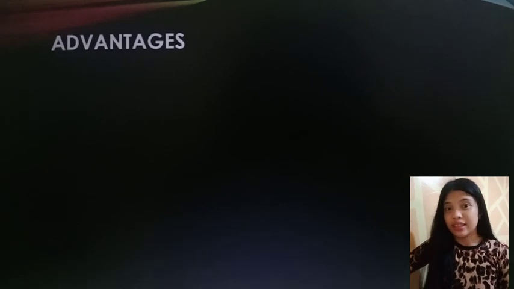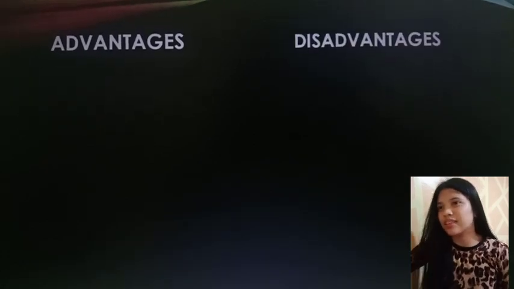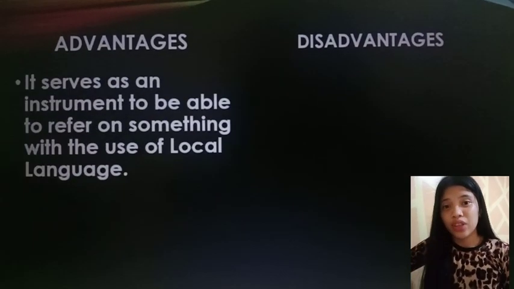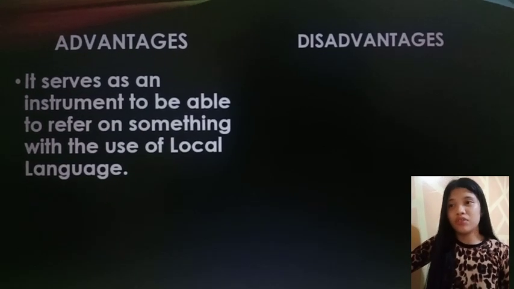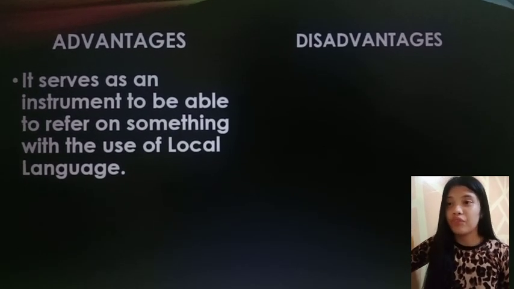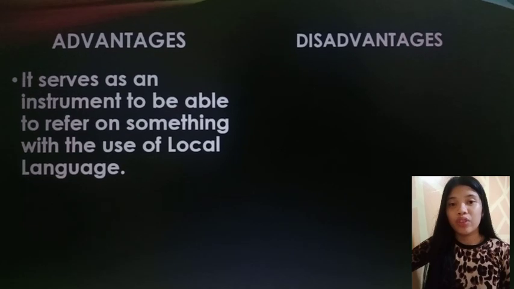So, local communication has its advantages and disadvantages. What are these? The first advantage of local communication is that it serves as an instrument to refer to something with the use of the local language.